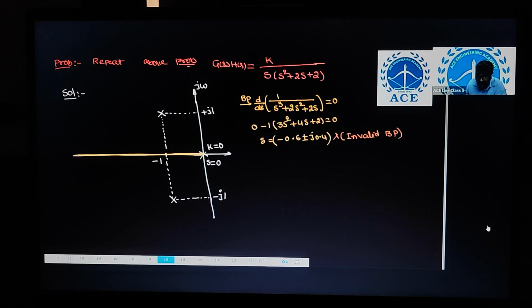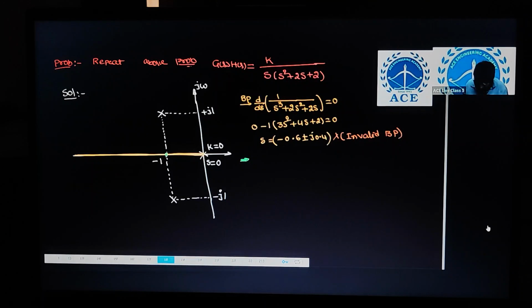Whenever you are getting a complex break point, you need to identify whether it is valid or invalid. How to identify? Listen, all of you.